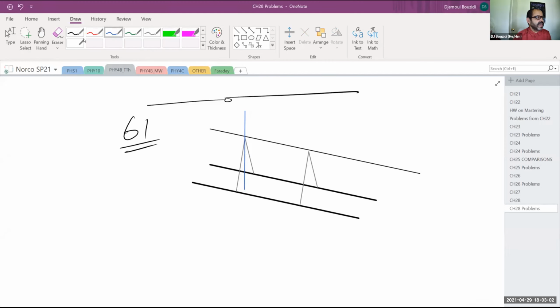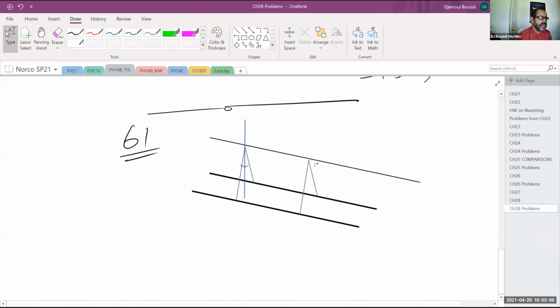So this angle is actually 6 degrees. So this angle is 6 degrees, and this angle is 6 degrees. So I draw 2 of them. This is 6 degrees, and this one actually is 6 degrees, for a total of 12 degrees.